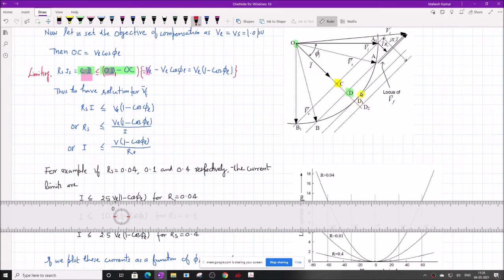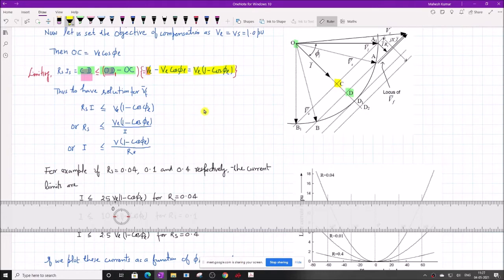This is VL, because this is the radius of the circle, of radius VL. So this is VL minus VL cos phi L, which is OC. So OD1 is equal to VL(1 minus cos phi L).